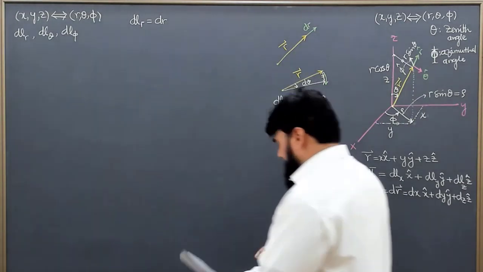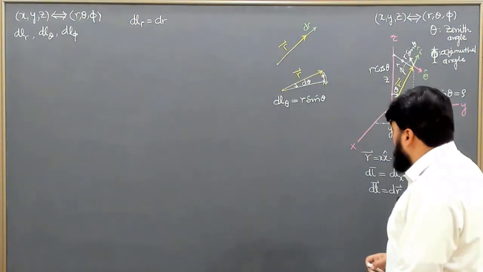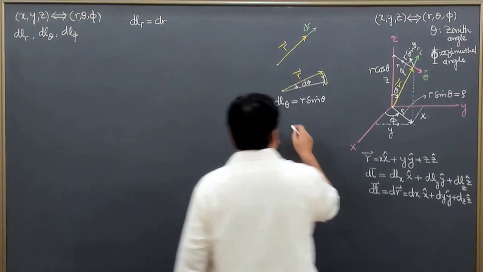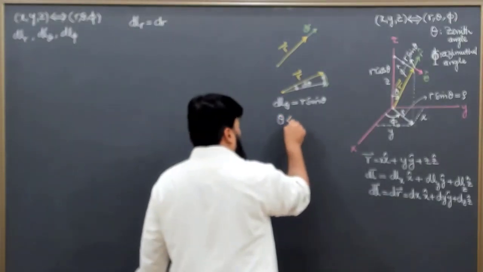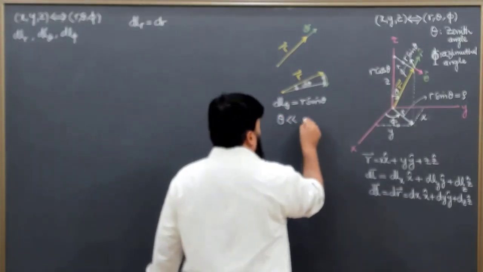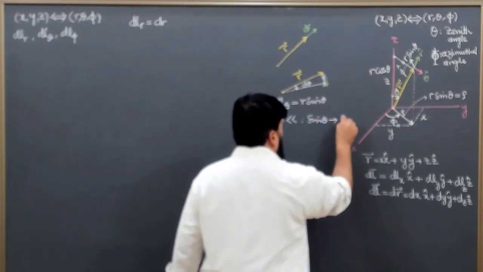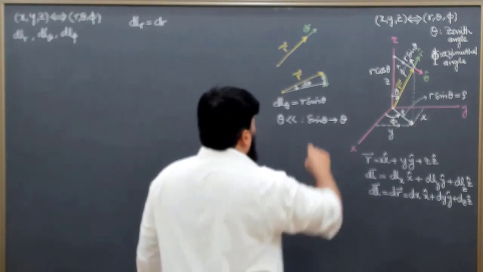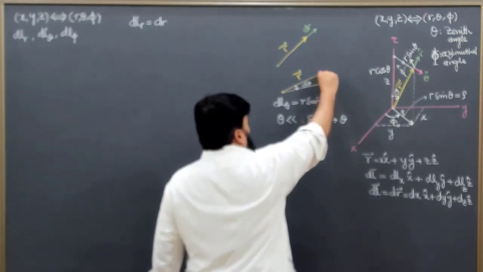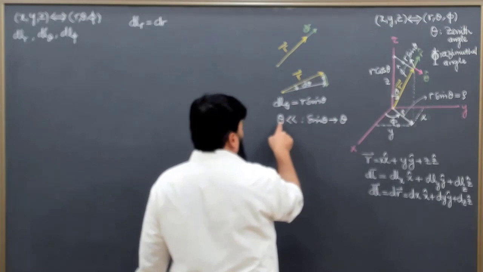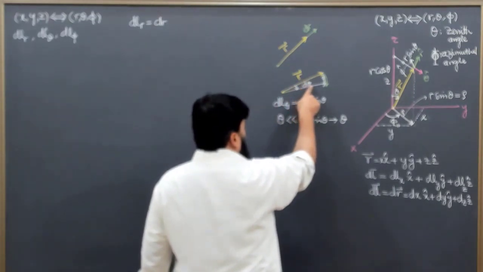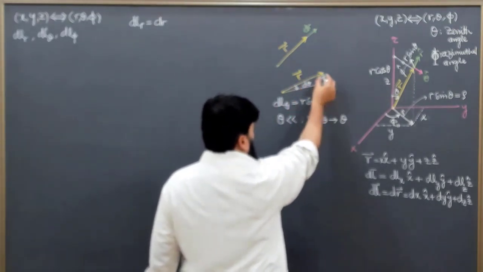So dl theta is equal to r sine theta. Now we know that when theta is very, very small, then sine of theta goes to theta, and that's why we are not taking theta to be very big, we are considering this as a straight line.